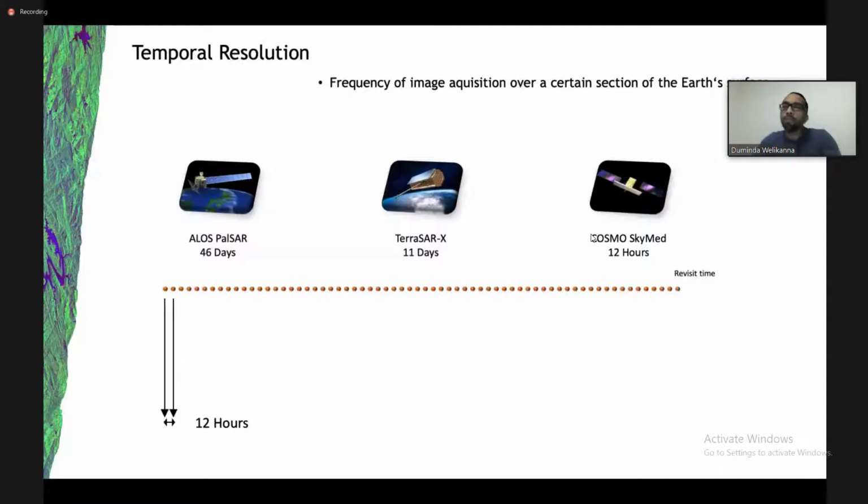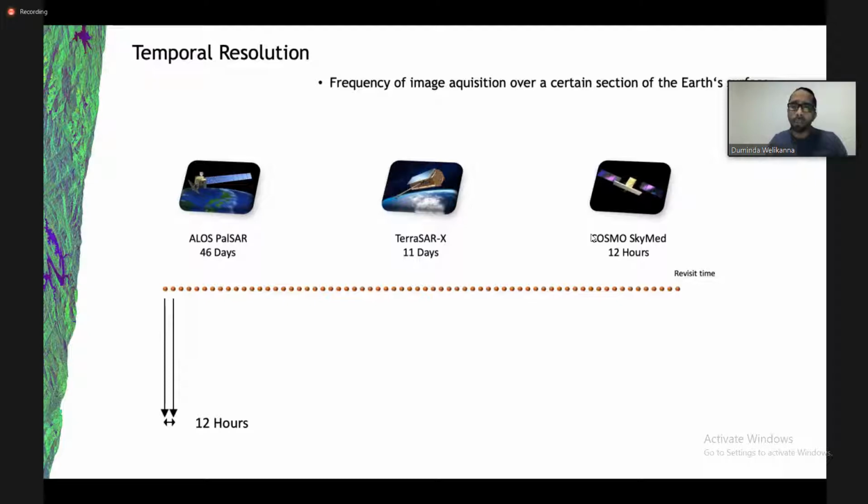And if you come to COSMO-SkyMed from Italy, it has a more rapid acceleration. Because of that, it comes to Colombo after 12 hours. So that means if it comes in the morning, after 12 hours, in the evening, it will come back to Colombo. So it has even higher temporal resolution.